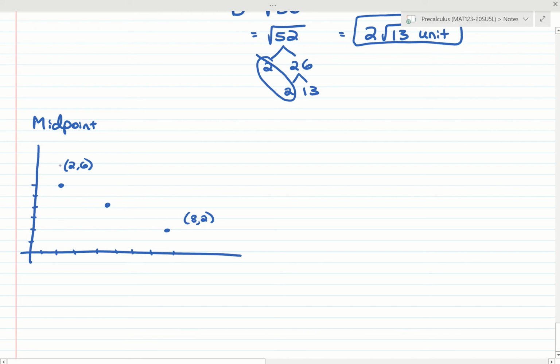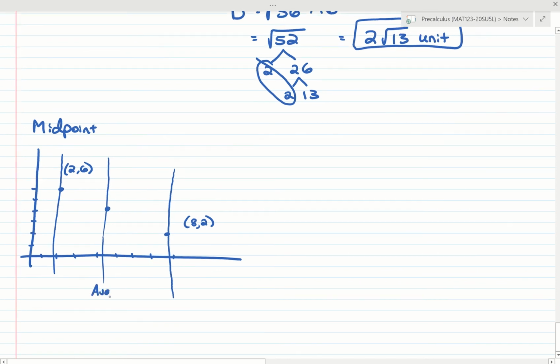So the midpoint, if you were to take the x values and find the average of them, that would give us a point like right here. Right? This would be the average of the x's. Right in the middle. If we were to take the y values of this point and this point, and find the average, put us like right here. This represents the average y value.